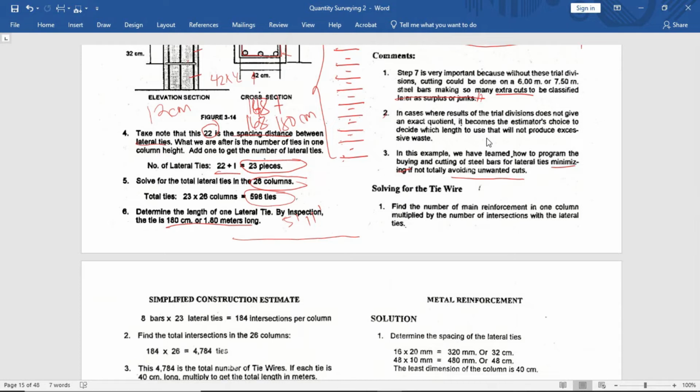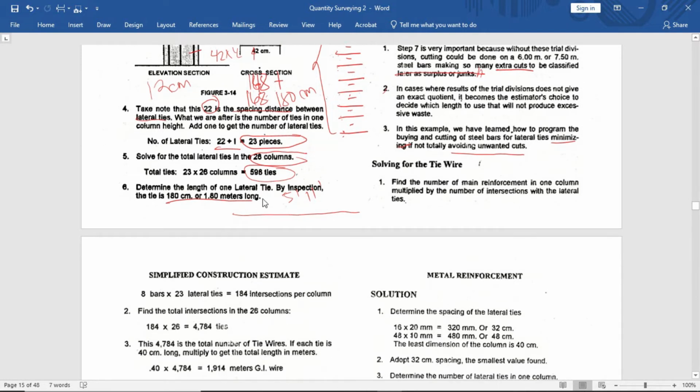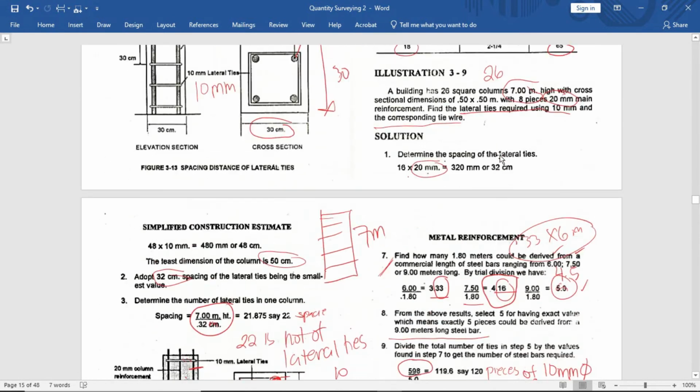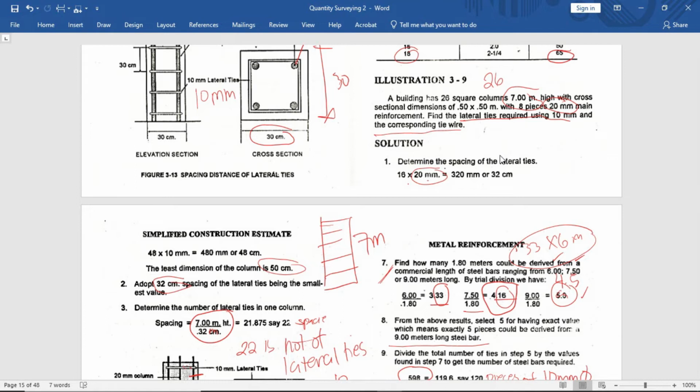Ngayon, isolve naman natin yung tie wire, yung pang-connect na natin. So, first is find the number of main reinforcement in one column multiplied by the number of intersections with the lateral ties. So, meron tayong 8 bars kasi yung sabi sa problem, there are 8 pieces of 20 mm main bars.